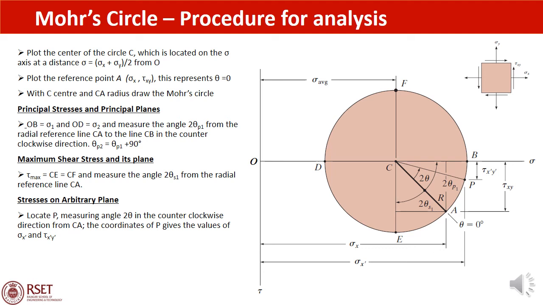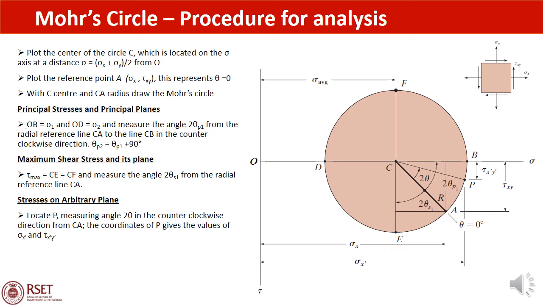Here in the diagram you can see that 2 theta S1 is measured in the clockwise direction. That means in the element that plane will be located in the clockwise direction, or this will be a negative value. So clockwise measurements are taken as negative and counterclockwise measurements are taken as positive.